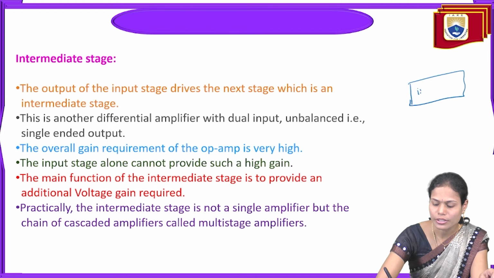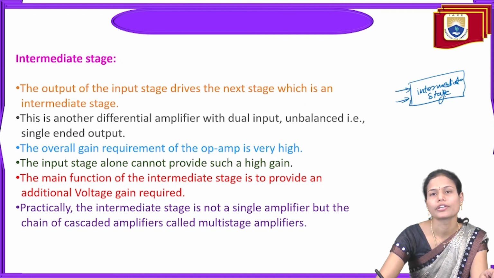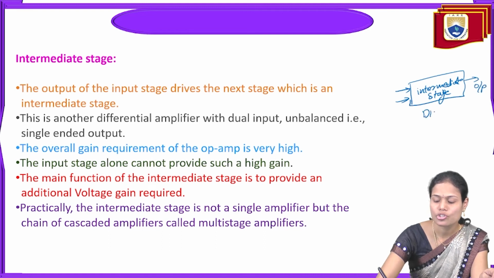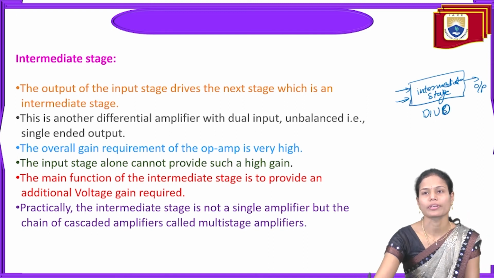In the case of the intermediate stage, the output from the input stage is applied to the intermediate stage as the input, and it provides the output here. So this is a dual input unbalanced output differential amplifier.